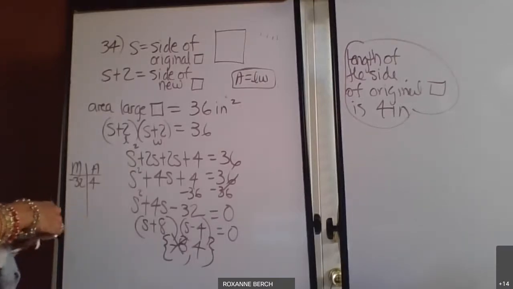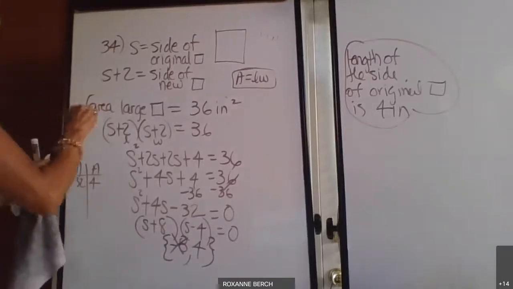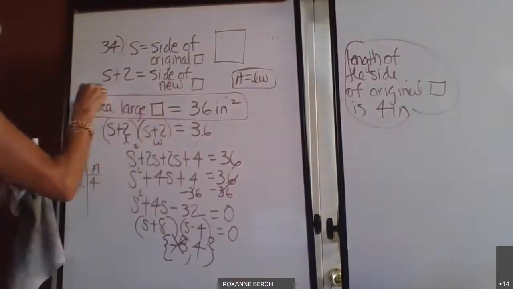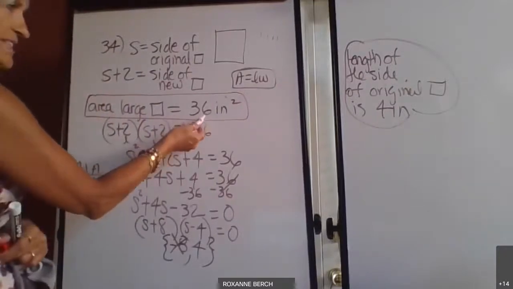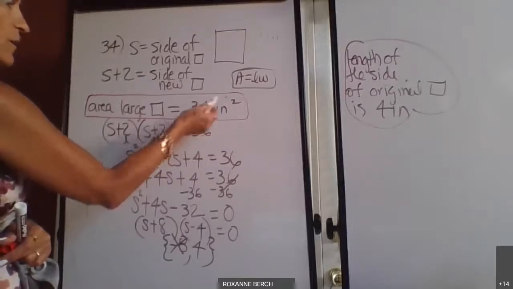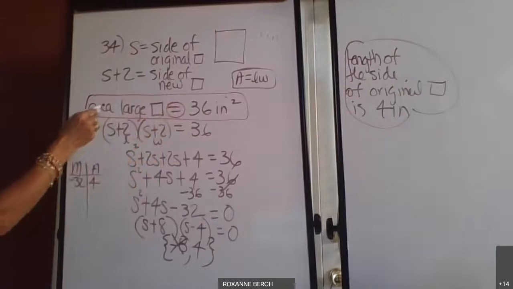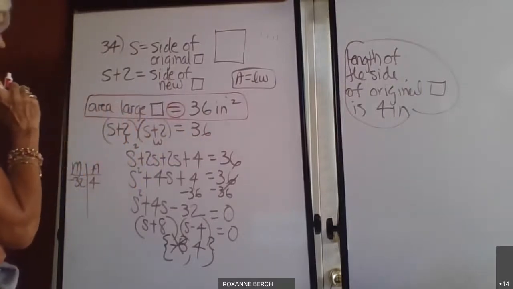So the main thing with this equation, you guys, is if they're saying that the area of the large square is 36 square inches, you have to set that equal to the area of the large square.